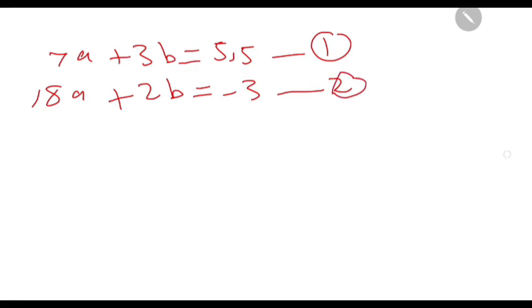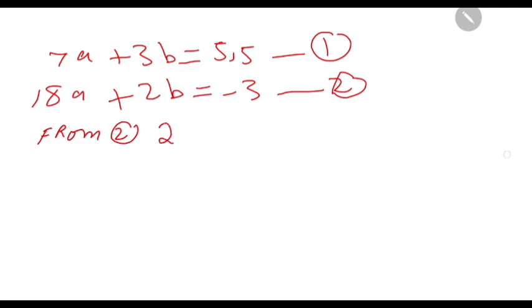Now I'm going to solve simultaneously. We're going to use the substitution method. From equation number 2, I can express b in terms of a.